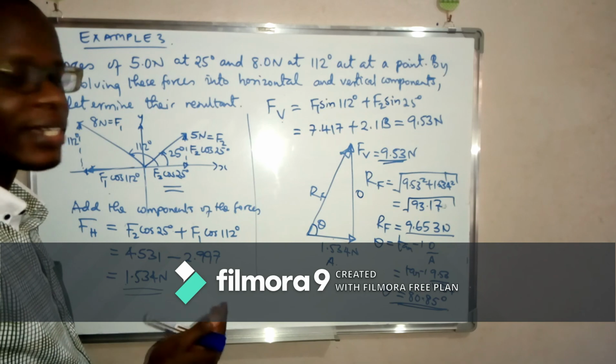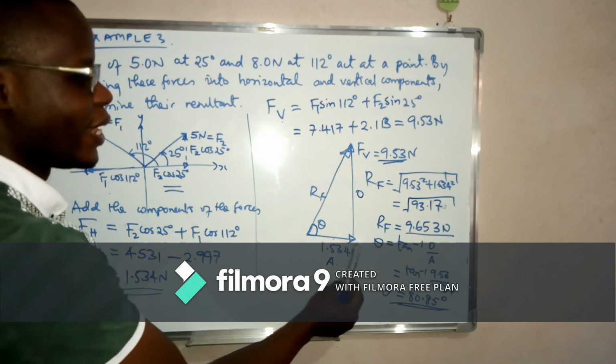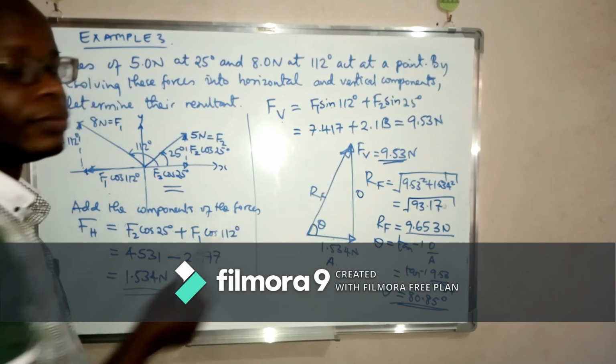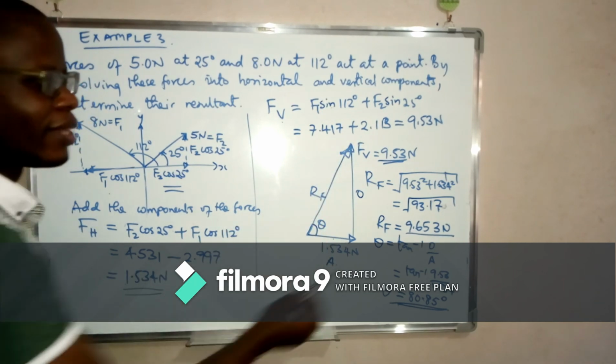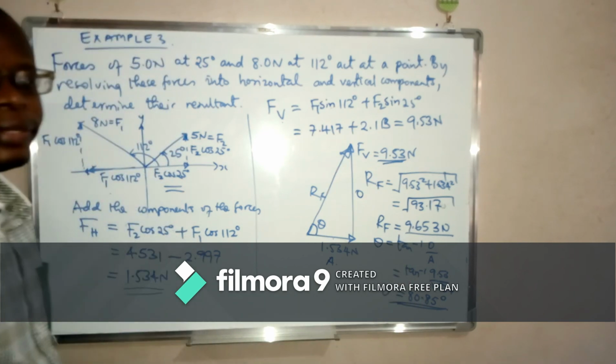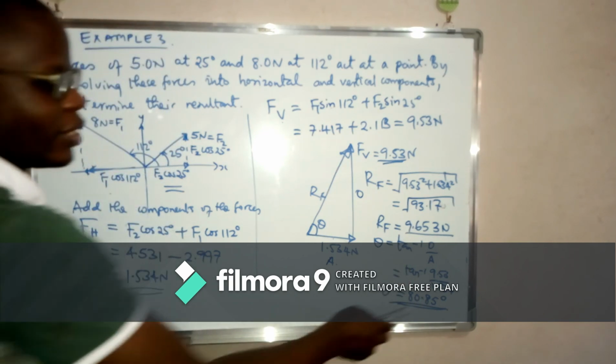From this vector diagram, you'll be able to know the direction of the forces and get the resultant force using the Pythagoras theorem and the tan inverse to get the direction.